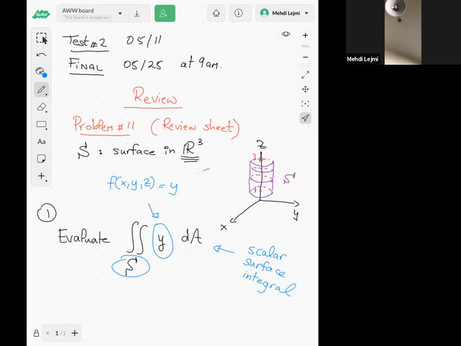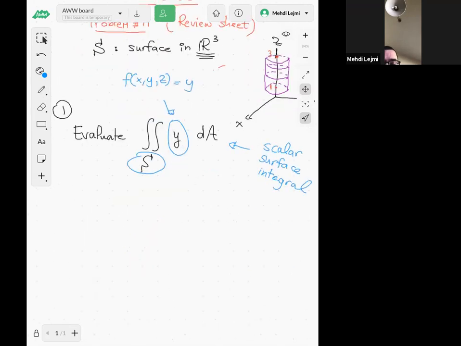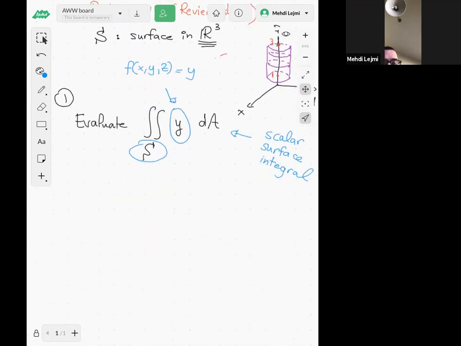All right? Now, how do we compute or evaluate such an integral? Let me just remind you of the formula.